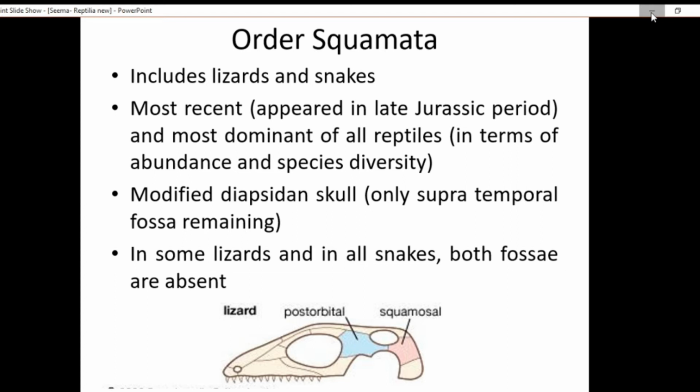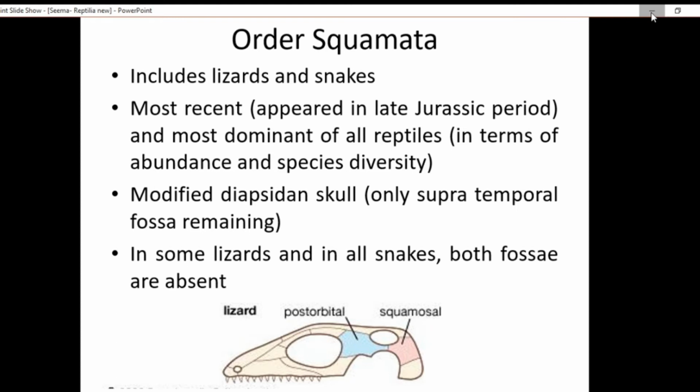The skull is diapsidan, but it is a modified kind, because in a typical diapsidan skull there are two fossae, that is the supratemporal and the infratemporal fossa, but in order Squamata, in most of the lizards, only the supratemporal fossa remains.